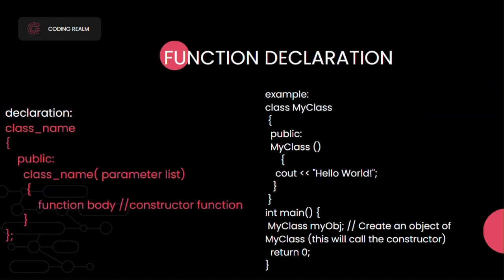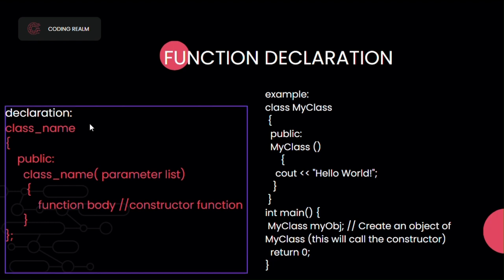Now the declaration. To declare the constructor function, we need to use this syntax. First of all, we need to put the class name, public, also the class name. This is the constructor, which has the same name as the class, and the parameter list and the body.